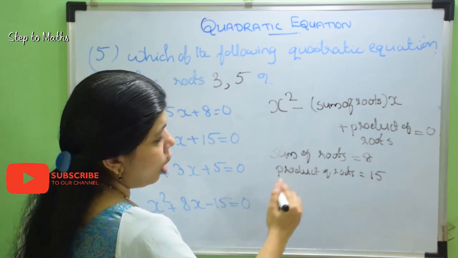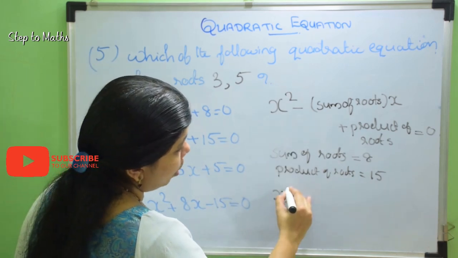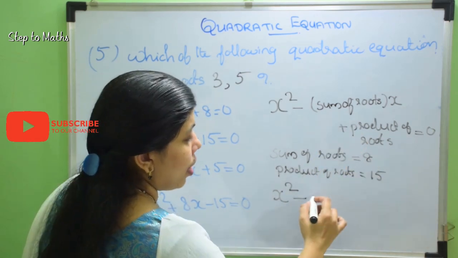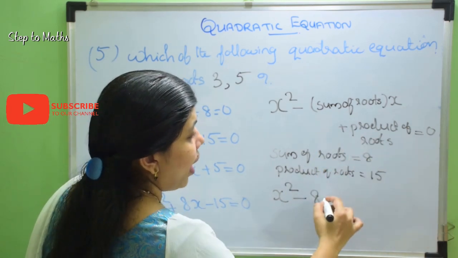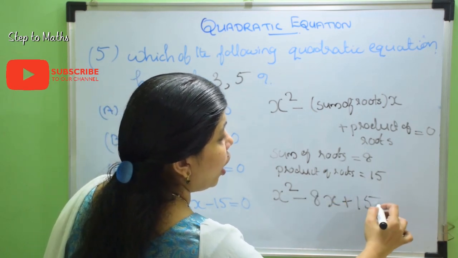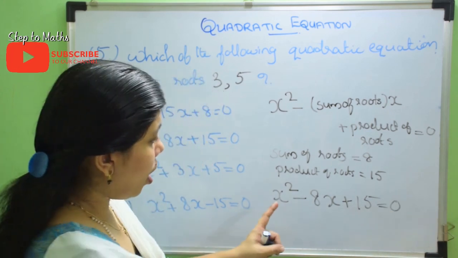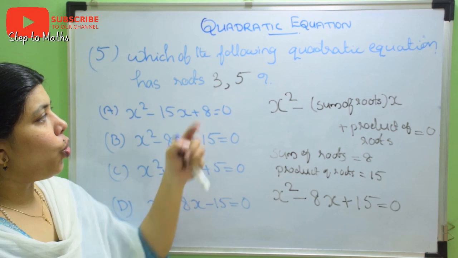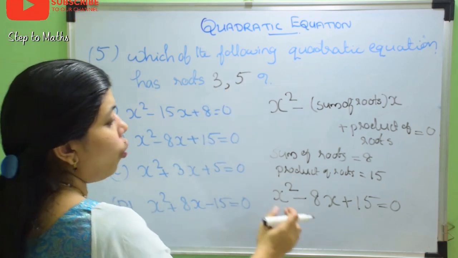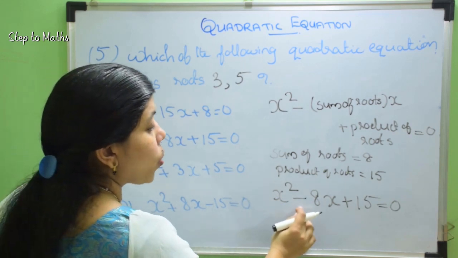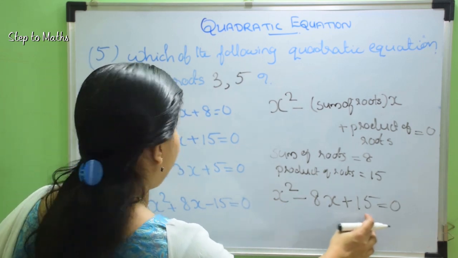So using this, how can we form its quadratic equation? x square minus sum of roots 8x plus product of roots 15 equal to 0. Using the given roots 3 and 5, we form its corresponding quadratic equation x square minus 8x plus 15.